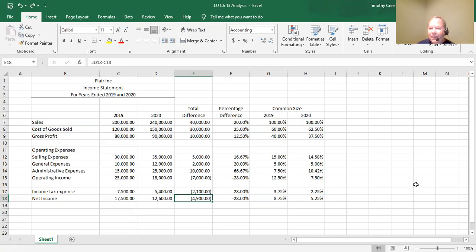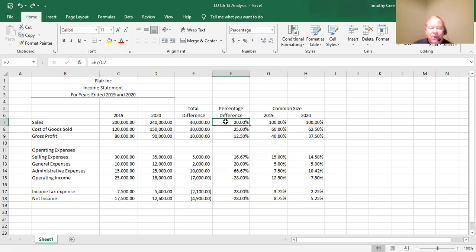So there's a few different ways to analyze a financial statement. One is horizontal analysis, which means that you're looking at comparing different dates. And so by coming up with the dollar value differences from 2020 to 2019 and the percentage differences here, these two would be more horizontal analysis. They would be comparing one date with another.